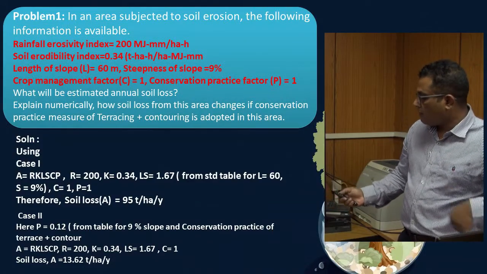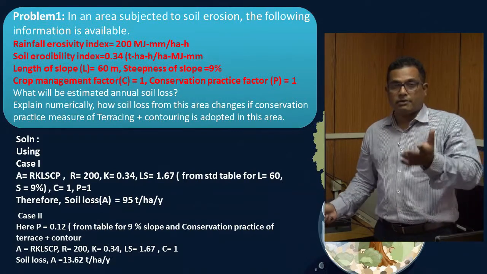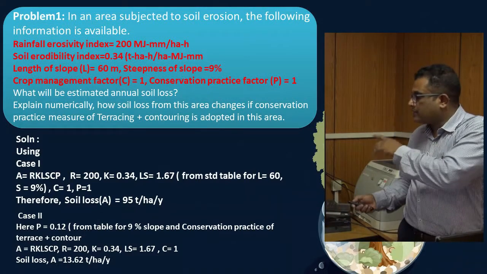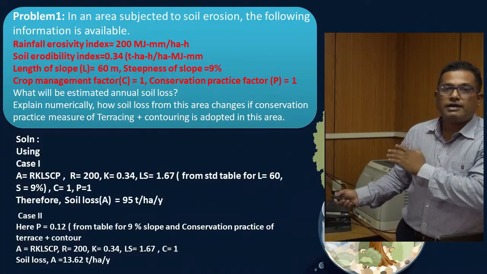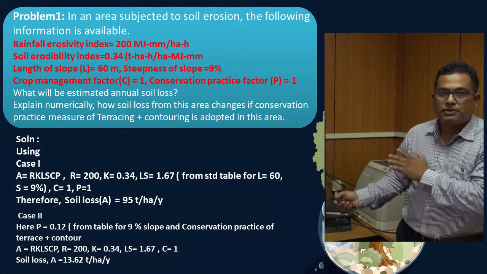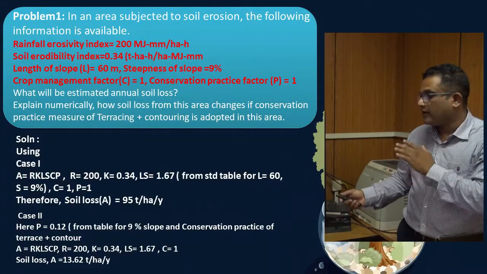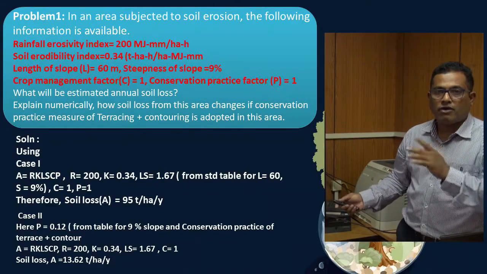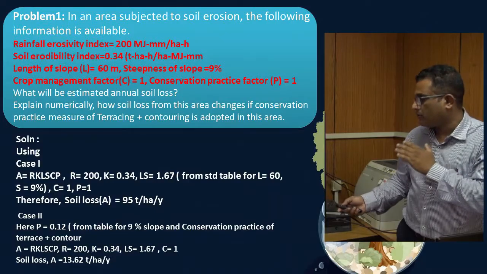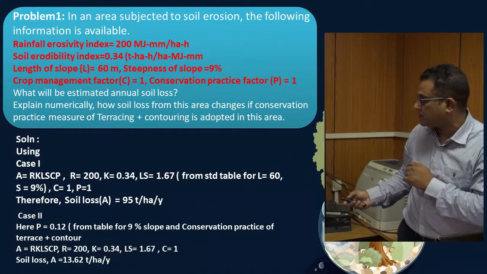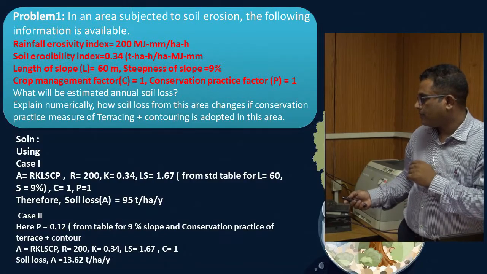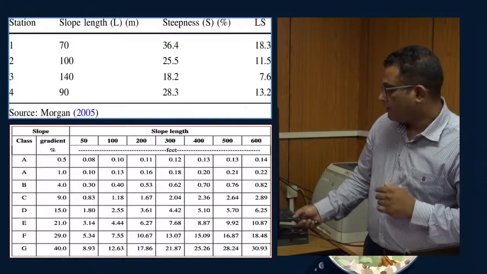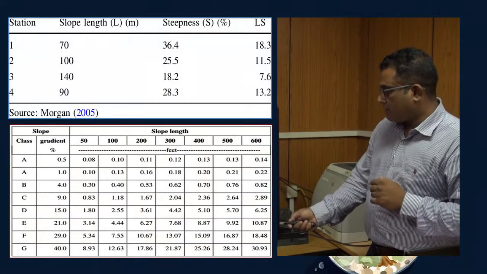Now what we have to do is we have to go to the standard table, where for a 60 meter length slope and 9% steep land, we have to find what is the combined topographic effect, or the topographical factor. We have to go back to the slide. Here you are. We will take this table.